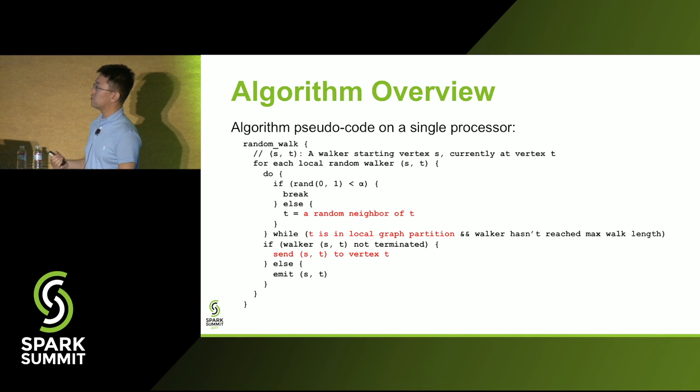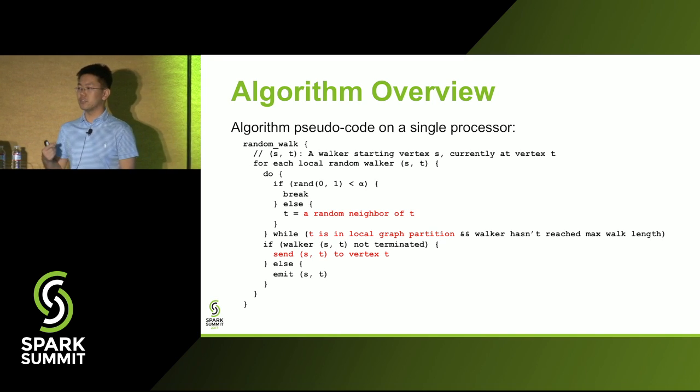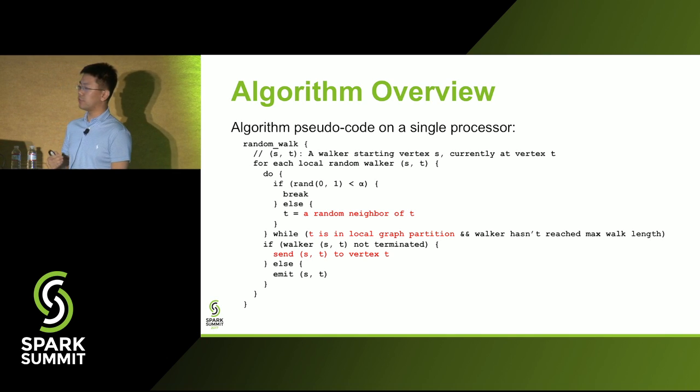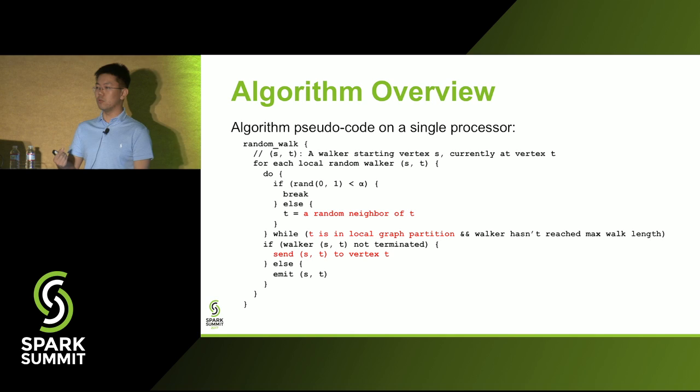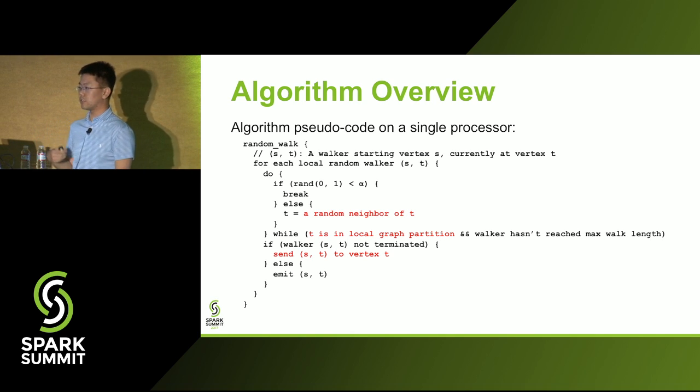Second, the algorithm needs to be able to tell whether a given vertex is within a local graph partition. This will enable the algorithm to determine when to transition to the next iteration. And last but not least, the algorithm needs to be able to send the local random walkers to a remote processor, in order to start the next iteration of the algorithm.